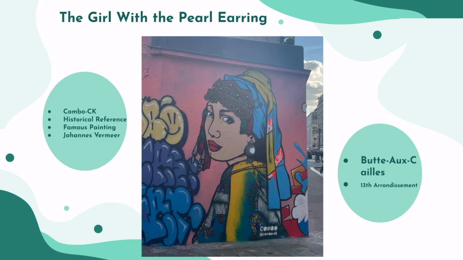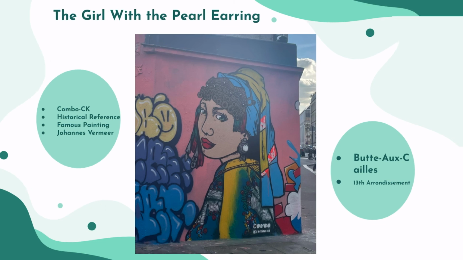So back at Butte aux Cailles in the 13th arrondissement, we're able to see this very large-scale pasted mural. And so this piece is by Combo CK, and it's a historical reference to an extremely famous and iconic painting by Johannes Vermeer, The Girl with the Pearl Earring. The piece is one of the most famous paintings in the world, and this is his interpretation.